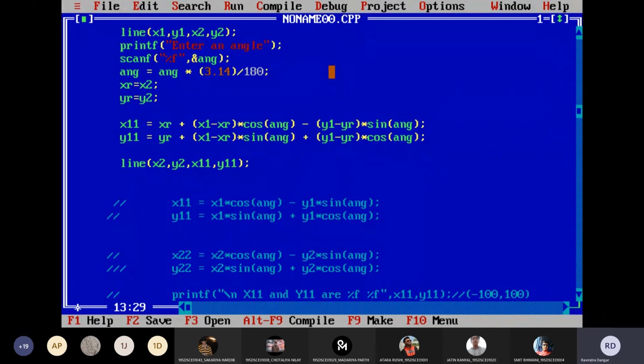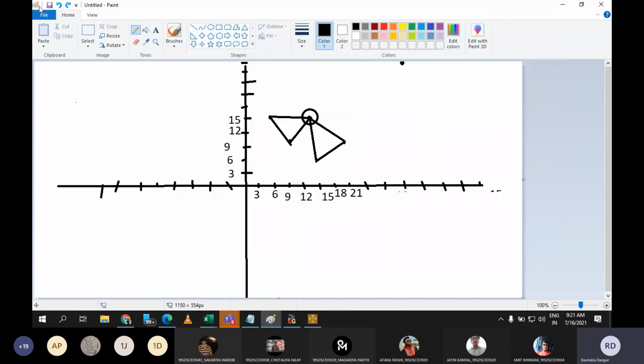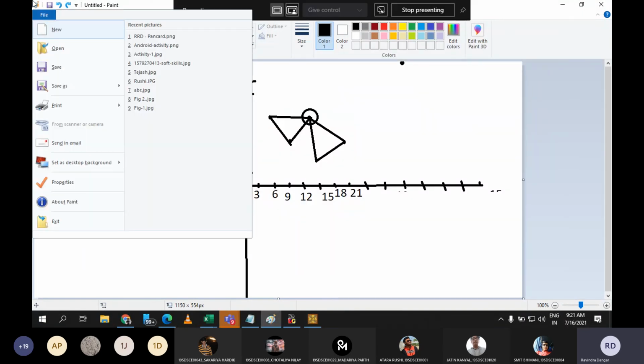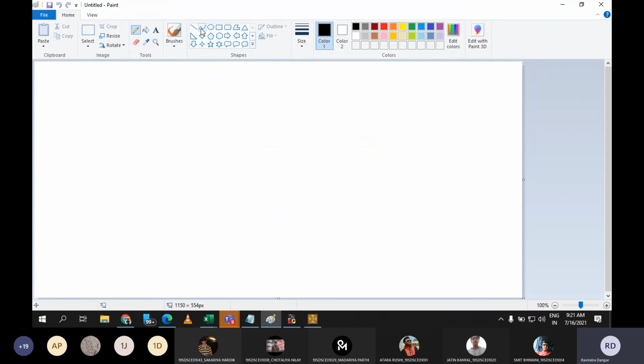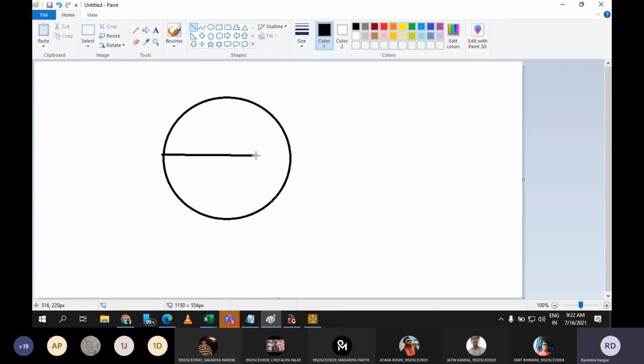Fine. So if you know this, then in the upcoming sessions we are going to do a very interesting thing. What we will do, we will draw something like this, and inside this circle there will be certain lines like this.